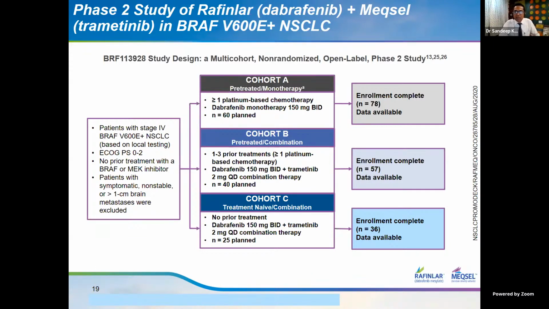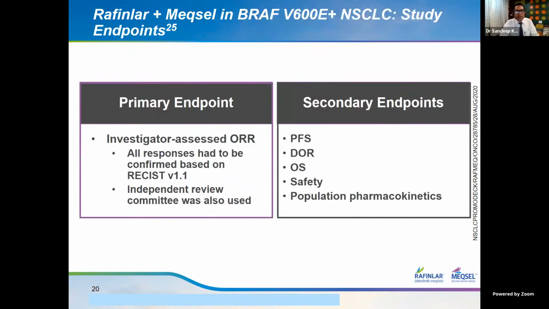Cohort B was again previously treated with 1 to 3 prior treatments, and it was a combination therapy. Cohort C was a treatment naive cohort, where again the standard of treatment, dabrafenib with tremelimumab, was given. The primary endpoint was ORR. Secondary endpoints were PFS, duration of response, OS, and the safety signals.